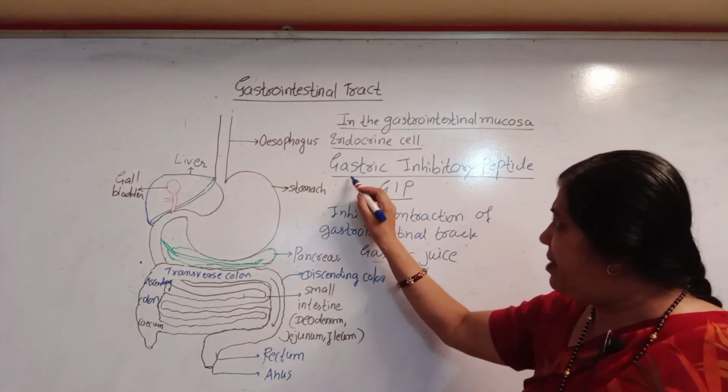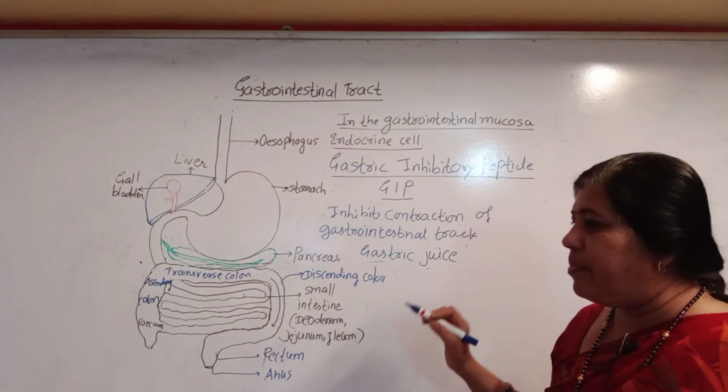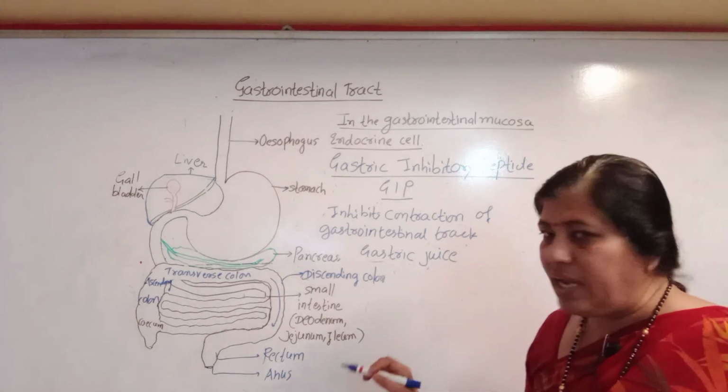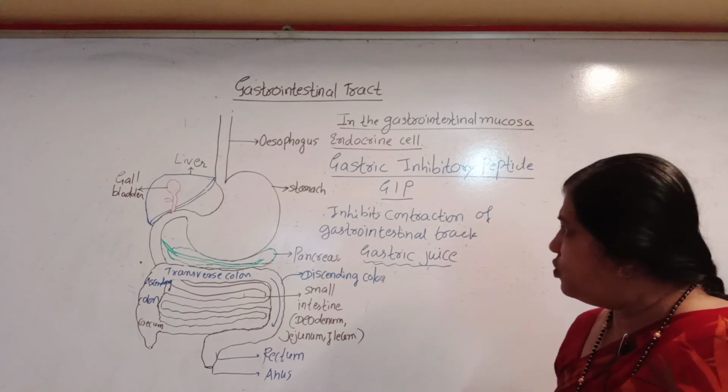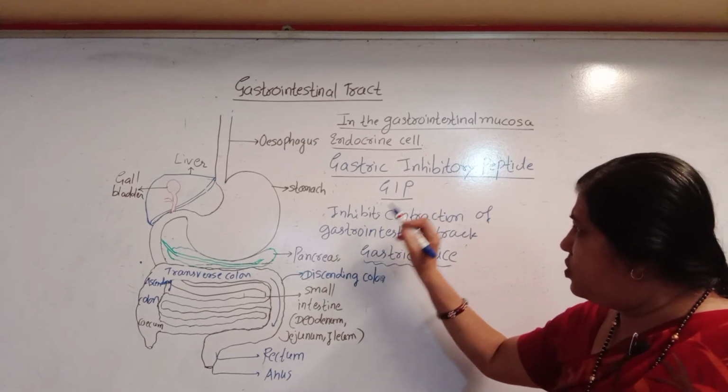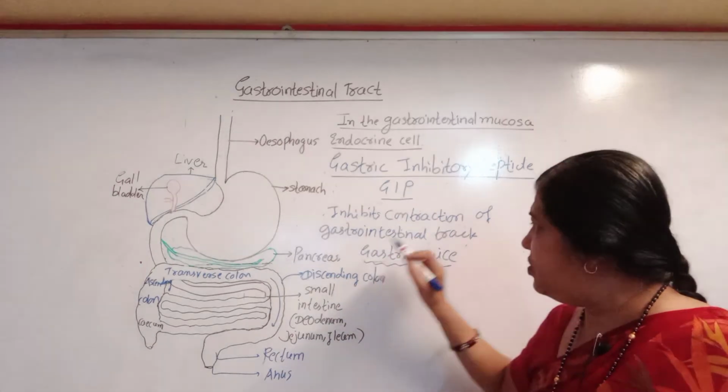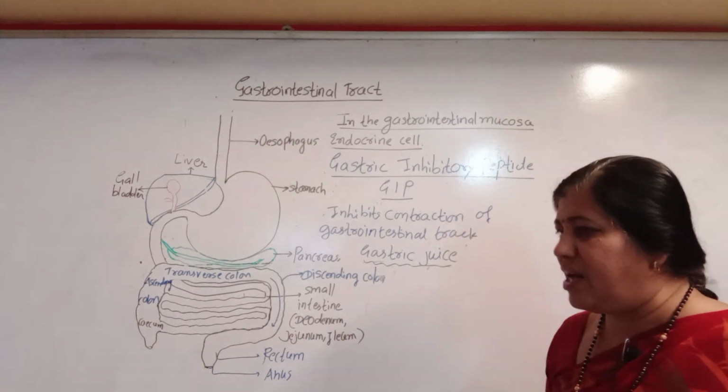Means GIP, that is gastric inhibitory peptide, this hormone inhibits gastric gland to stop the secretion of gastric juice. GIP also slows down the contraction of gastrointestinal tract.